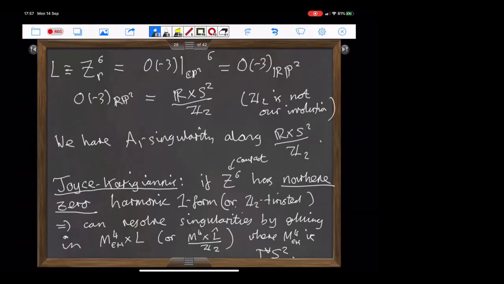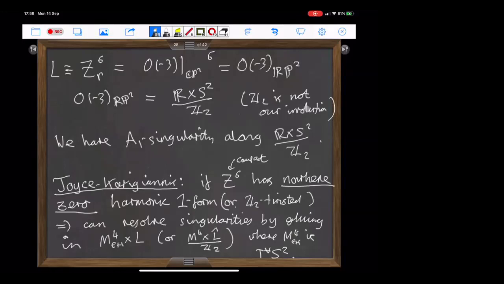Now, if we consider the work of Dominic and Spiro, what they showed in the compact case is that if the fixed point set has a nowhere zero harmonic 1 form, or a Z2 twisted harmonic 1 form, then one can resolve the singularities along the fixed point set, along L in this case, by gluing in a copy of the Eguchi-Hanson 4-manifold times L, or in the Z2 twisted case, there's an overall quotient by an involution.